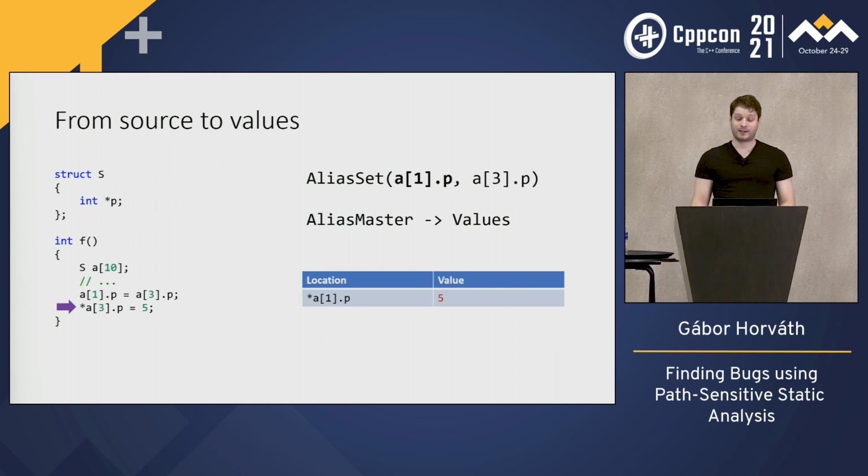So we can use a set to describe this, and we can use a representative of the set. So every time we name a value, we want to have a unique name for that value, so we can use the representative of this set. We call this representative the alias master, and in this case, the store is a map from the alias masters to the values.